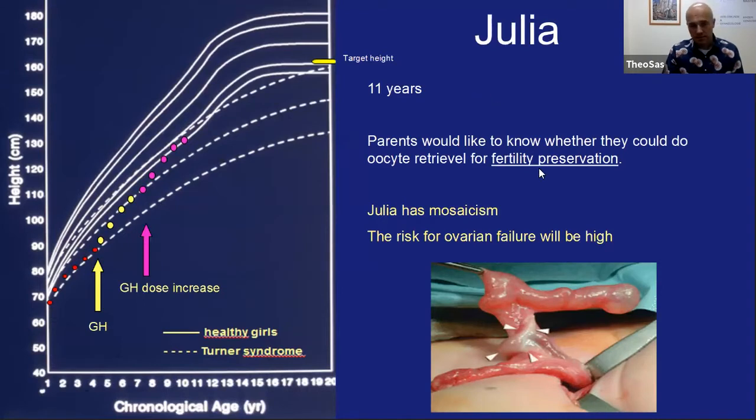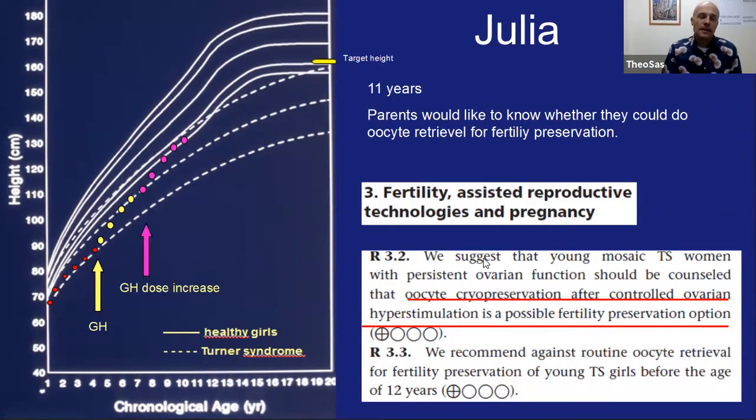But there are other things. Fertility preservation: parents are reading things and they think, okay, Julia has mosaicism, perhaps there are some oocytes left and we could freeze them. That is the idea, and this is a streak ovary, and that's the risk of perhaps waiting too long.